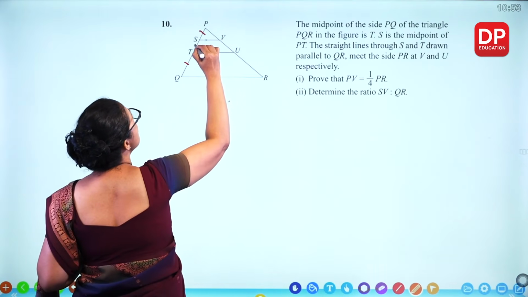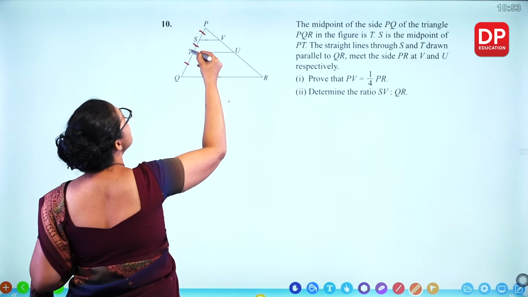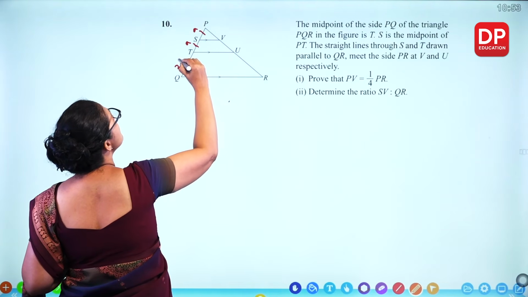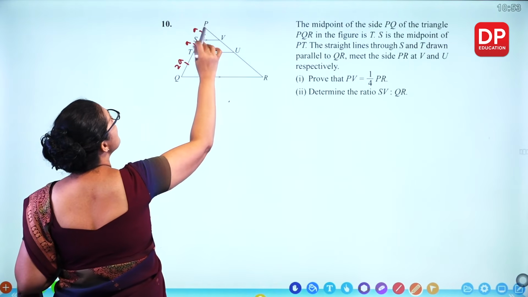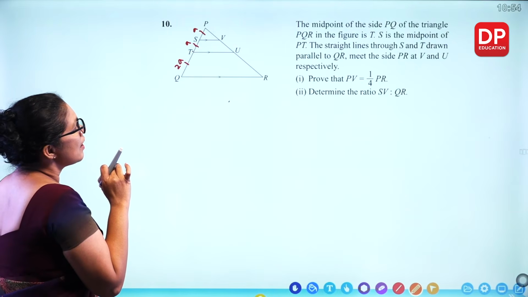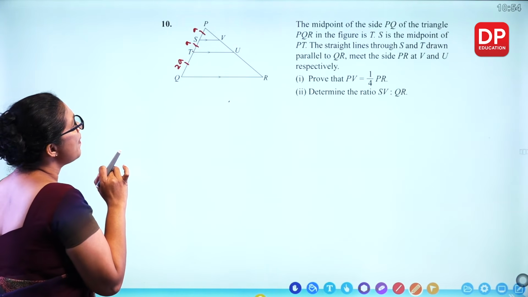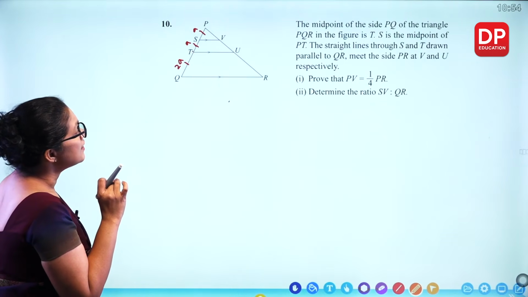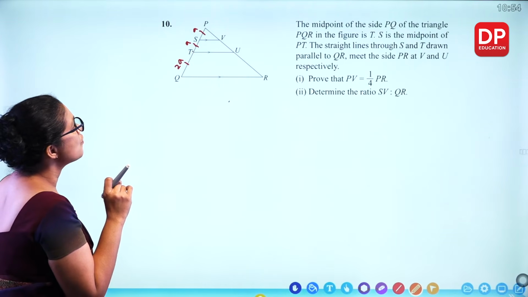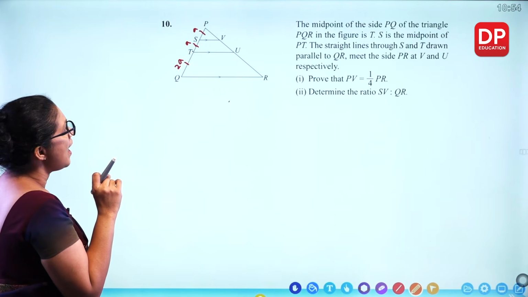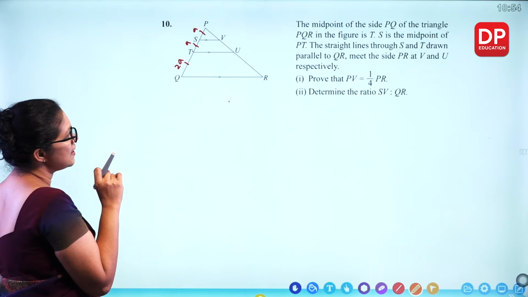So this is equal to this, and if this is a, this is a, this becomes 2a because this distance is equal to this one. The straight lines through S and T drawn parallel to QR meet the side PR at V and U respectively.